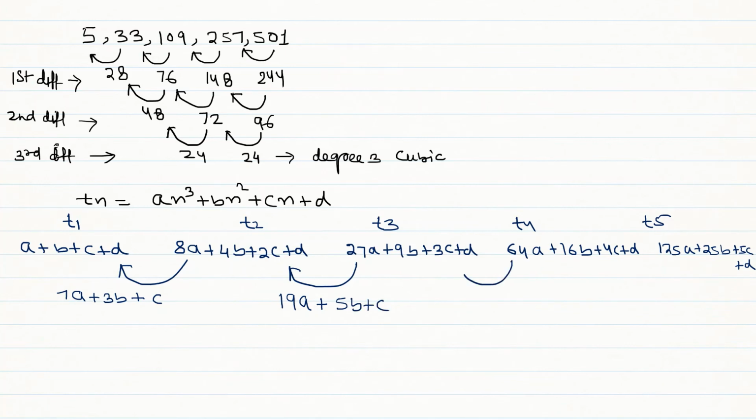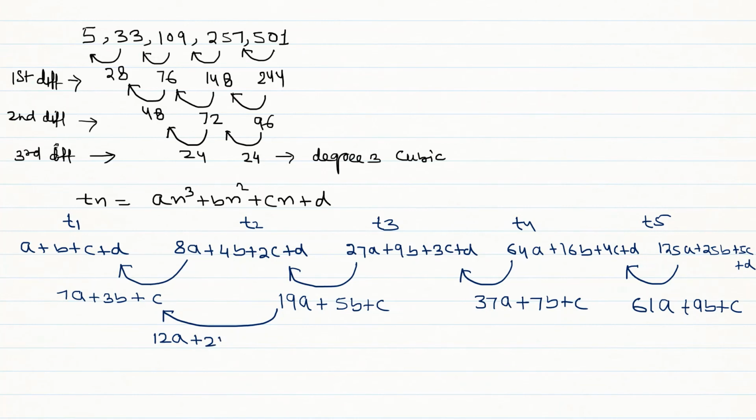The difference between these two should be 37a plus 7b plus c, and the difference between the last two must be 61a plus 9b plus c. Now if I find the difference between these two, this must be 12a plus 2b. The difference between these two must be 18a plus 2b, and the difference between these two is 24a plus 2b.